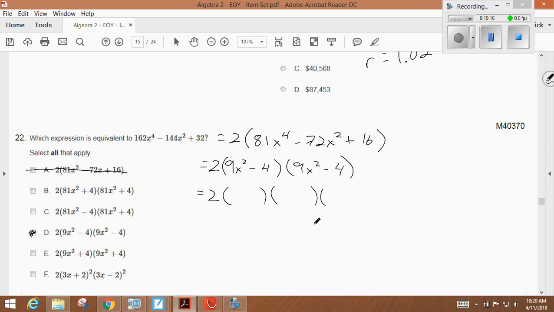The first one was a perfect square trinomial. 9x squared minus 4 is difference of squares. That's 3x minus 2 times 3x plus 2. That's that one. This one is also 3x minus 2 times 3x plus 2.